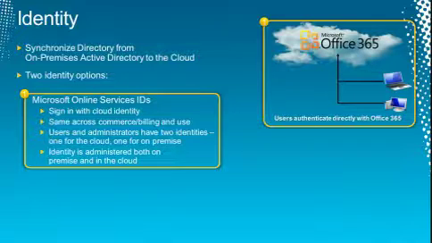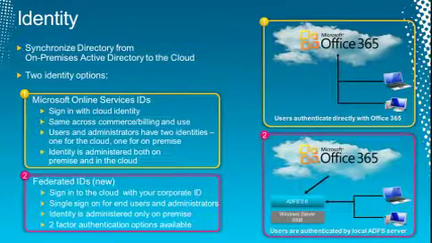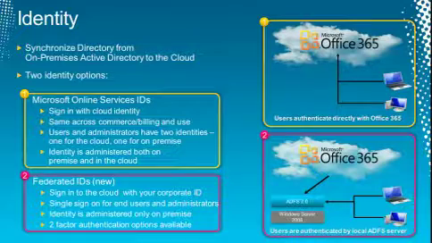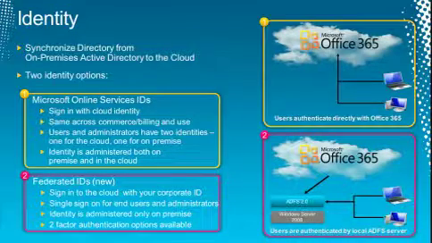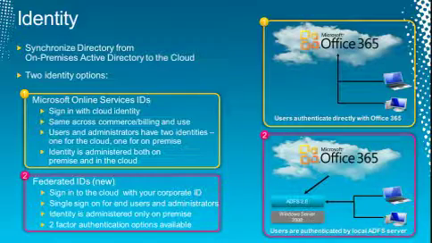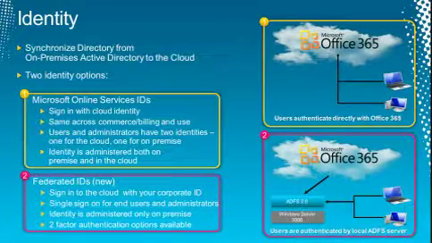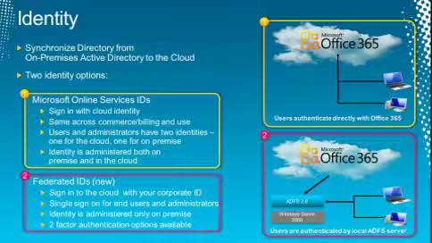Smaller customers that don't use AD locally will use this approach. But for many customers that are a bit larger, federated ID is the way to go. And this is where you're using ADFS on premises with Windows Server 2008, and you're using that as your authentication tool into the cloud. And so you set up federation.